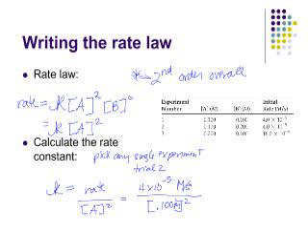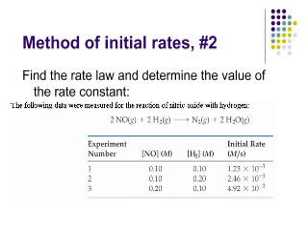All right, so I got that out, and I did all my math, and I got a value of 0.004. And if I look at my units, I had molar per second and then molar squared. So one of these will cancel out. So what I end up for my units overall is per molar per second. All right, and so these are the things you really need to be able to do.